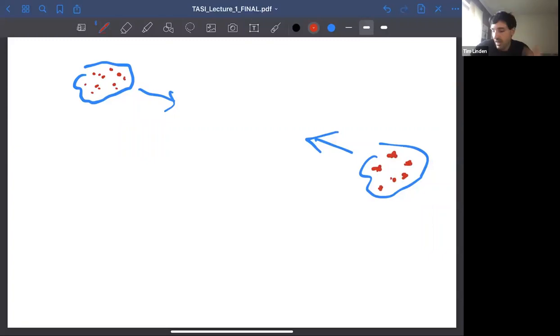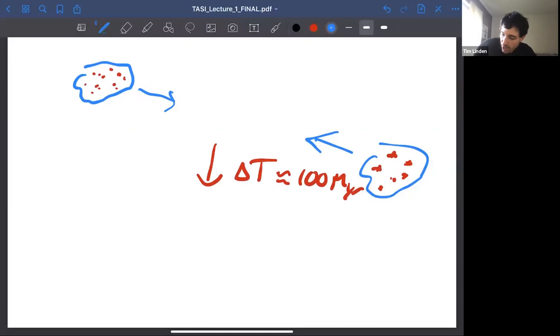And they have moved and they have collided, and now, delta T 100 million years, something has happened. Now these galaxies have passed. And if nothing interacted with anything, the picture would just be reversed.